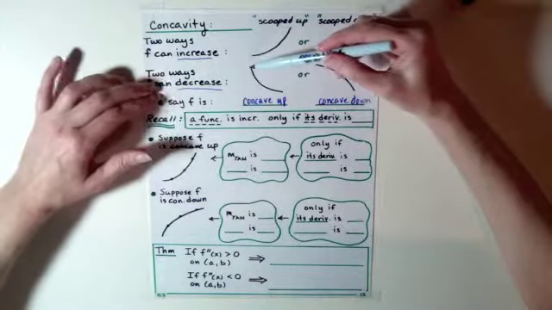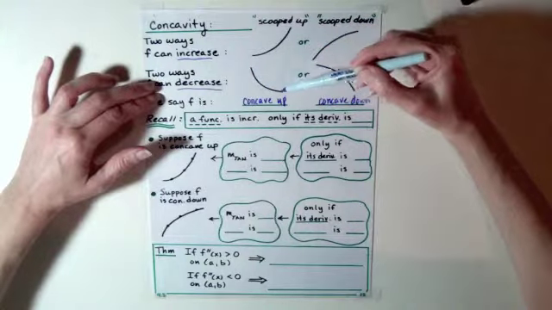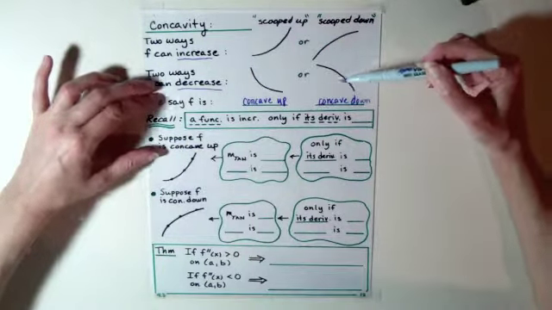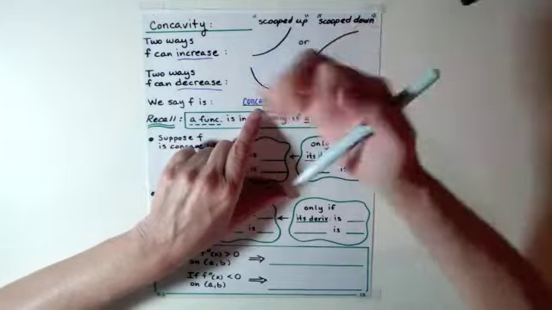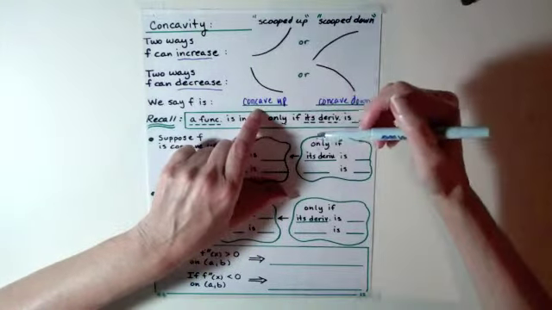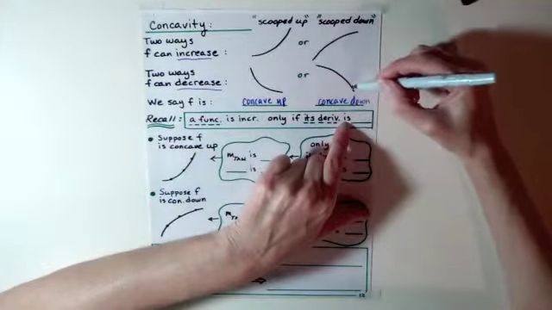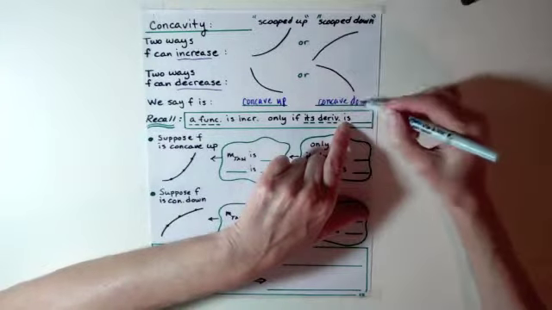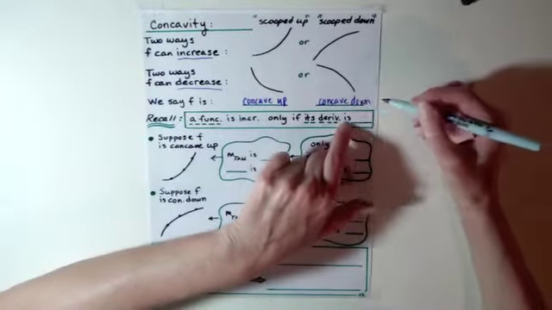So if you look at these bottom two pictures, this is a decreasing function, and this is a decreasing function. This one is decreasing but scooped upwards, so it is concave up. This one is decreasing, but it is scooped downwards, so it is concave down.